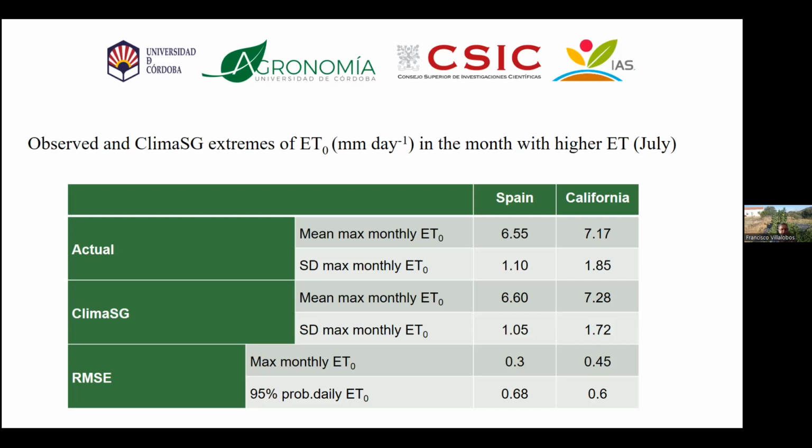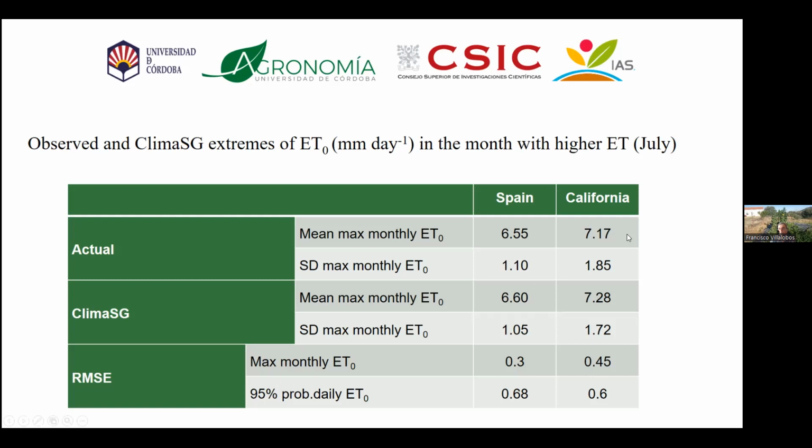Here we have statistics for actual ETO in the month with higher evaporative demand, which is July in California or Spain, and the actual values of the mean ETO in Spain is 6.55, for ClimaSG 6.6, and the standard deviation, which is quite important for us too, 1.1 versus 1.05 in ClimaSG.